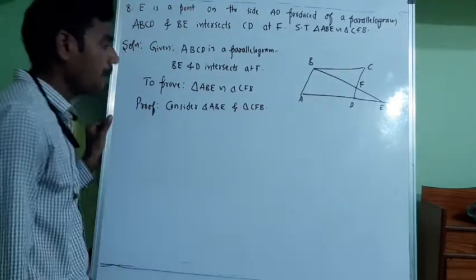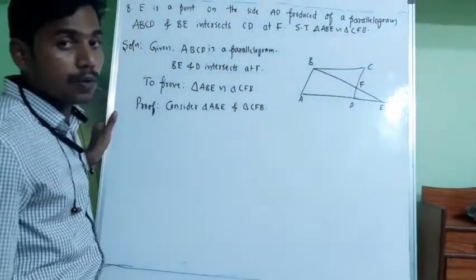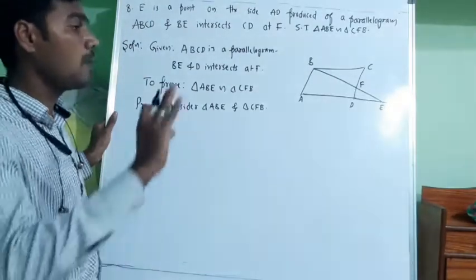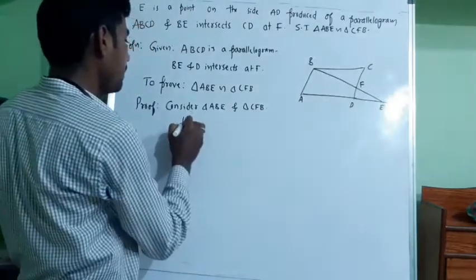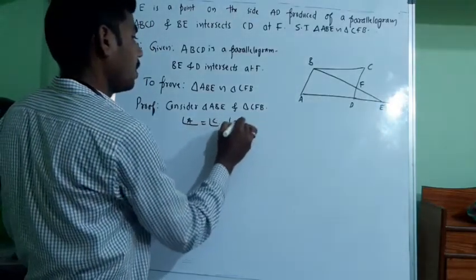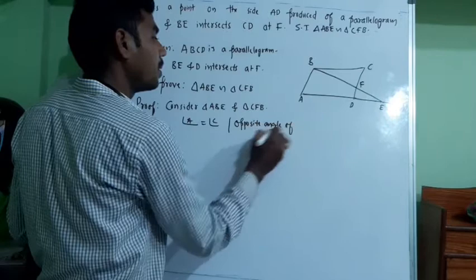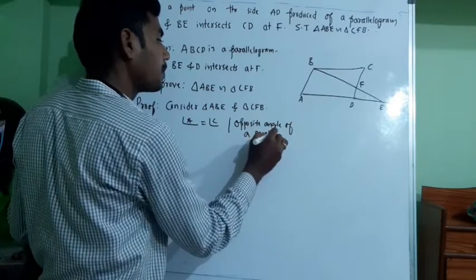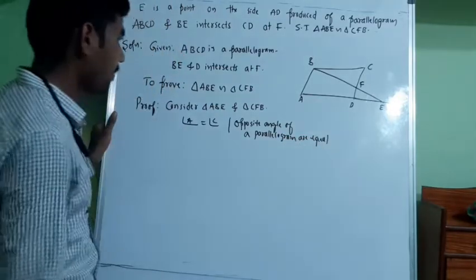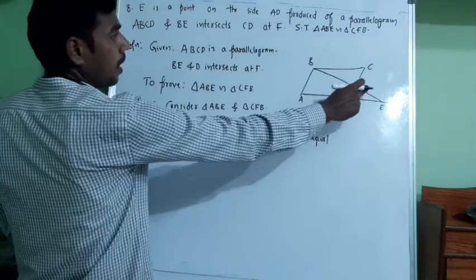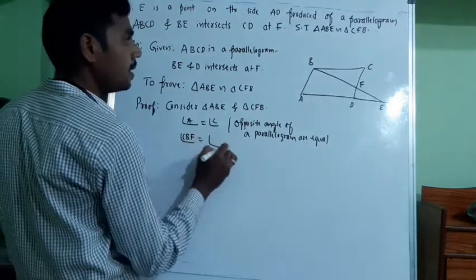Okay. Now, you know ABCD is a parallelogram. So what is the property of a parallelogram? One of the properties, opposite angles of a parallelogram are equal. Angle A is equal to angle C. Next, angle CBF is equal to angle AEB.